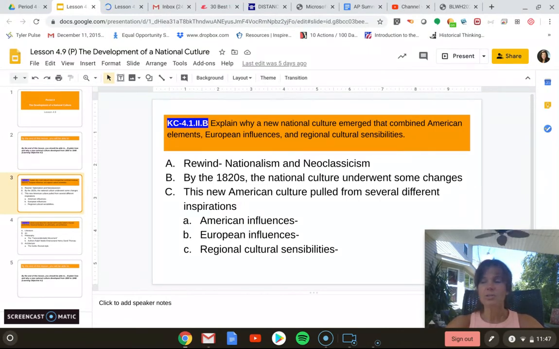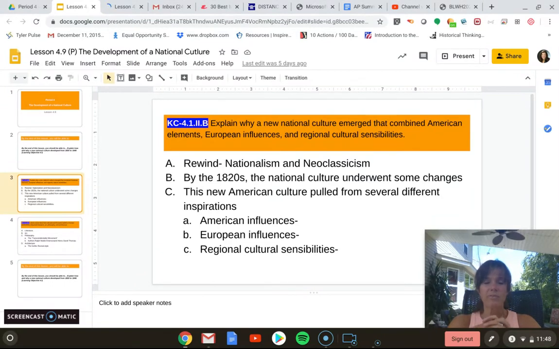It begins to undergo some changes. Remember, there's a greater emphasis on the individual. In politics during this time period, we see the rise of the common man with Andrew Jackson. We also begin to see more of the natural world and nature, because during this time we're opening up into the West.